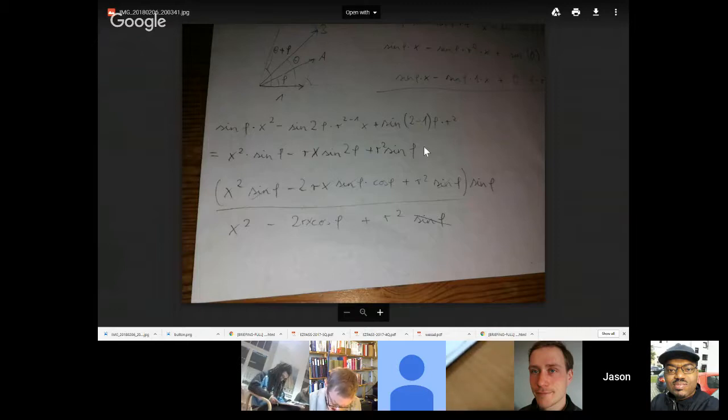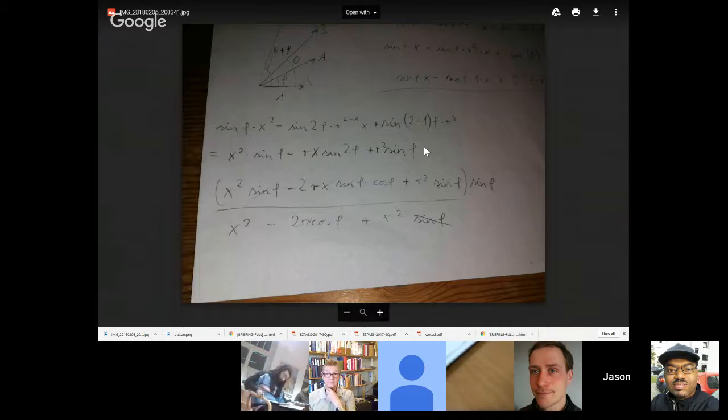Then I thought maybe it's possible to somehow combine sine 2 phi with a cosine, because Gauss gave the hint that we have a cosine which we want to divide by. So anyway, I just guessed and I hit it right.